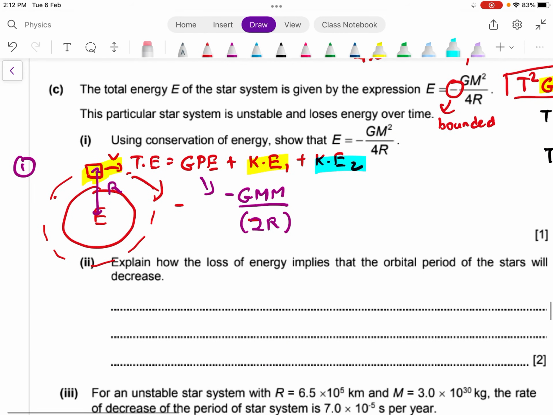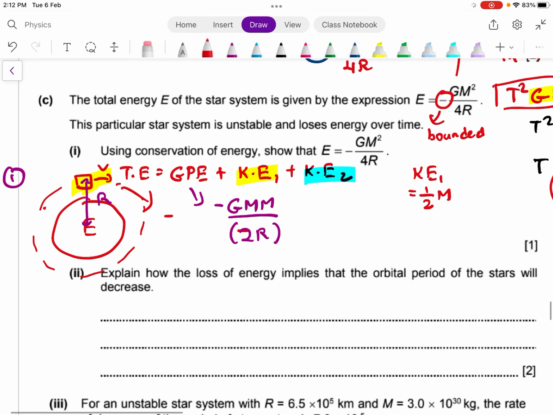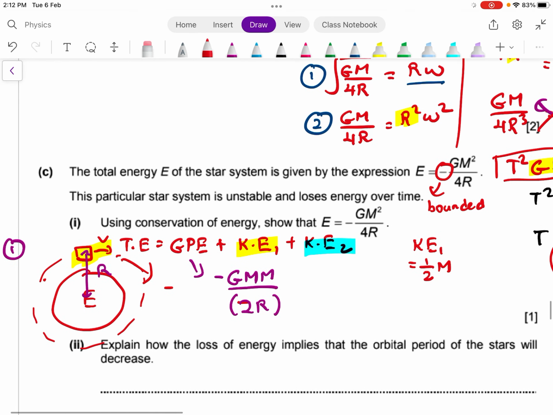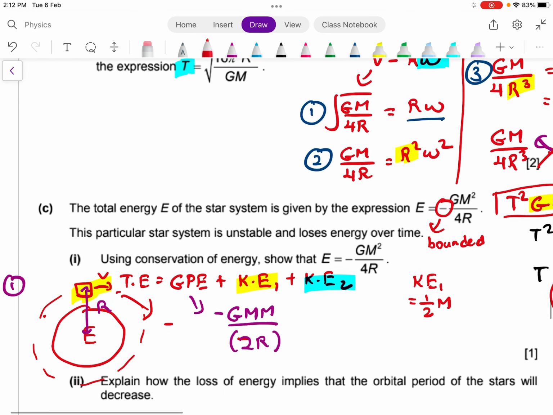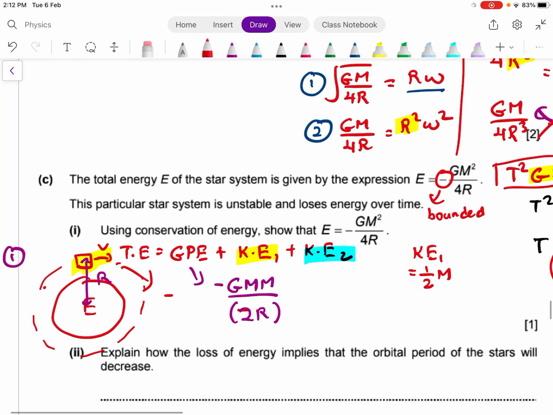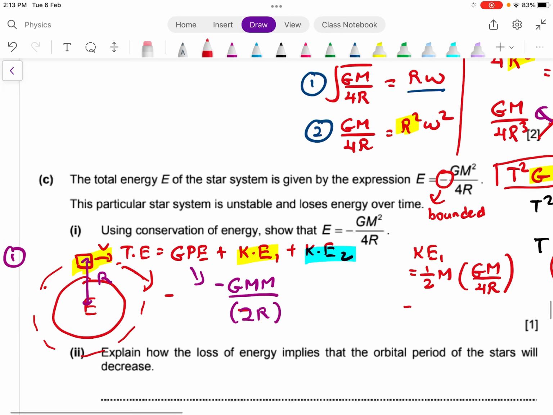After that, I simply write down K1. What is K1? K1 is equal to half mv squared. Half m, and v squared, we know that the speed squared is GM over 4R. So I simply put GM over 4R. This is squared already. So this will be GMm over 8R.